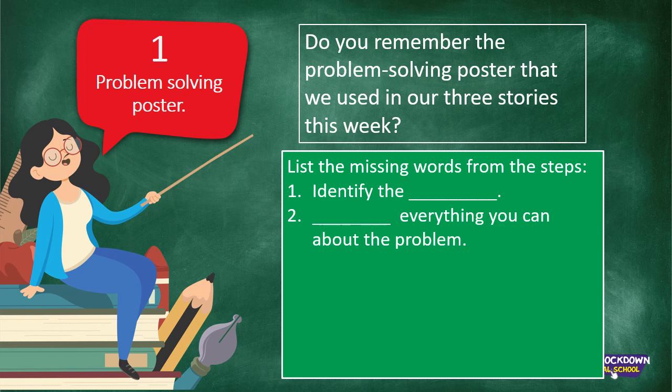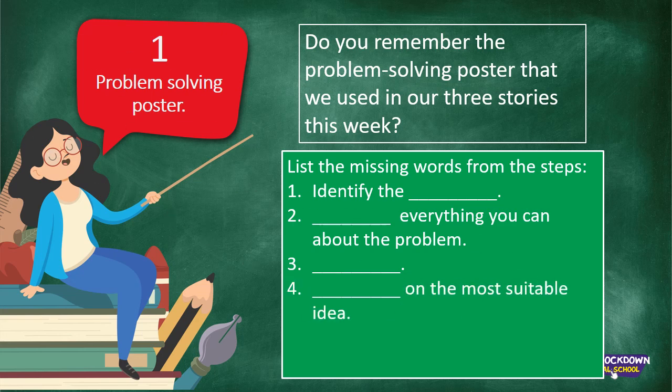Right, you got that. Then thirdly, what do you have to do next? Do you remember? Just think of your problem. First you had to identify the problem, then you had to find out everything you can about the problem. Then you had to think of Bongani and the wise man.